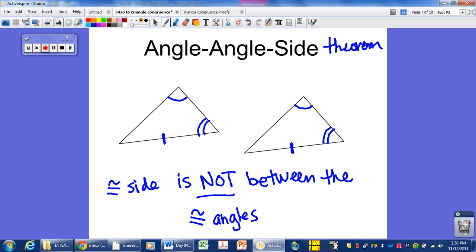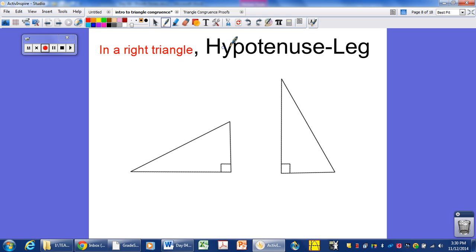Okay, and our last one, this is number 4, is the hypotenuse leg theorem. And it's really important, this part right here, in a right triangle. If we don't have a right triangle, of course, we don't have a hypotenuse. So in a right triangle, if the hypotenuses are congruent and a leg, so either one of the two legs, it could be the long leg, like I am marking here, or it could have been the short leg.